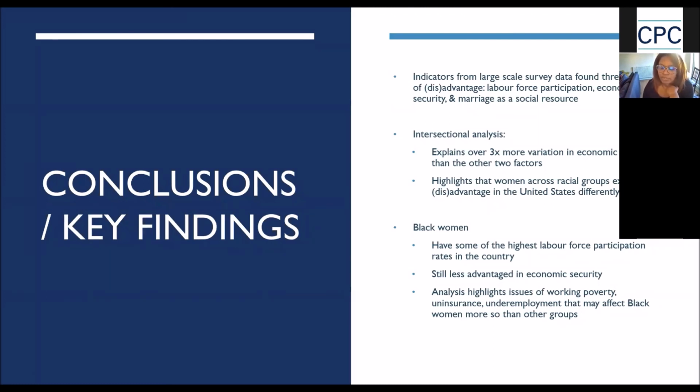I've explored the intersection between race and sex, but other intersections could prove useful in explaining more of the variation, such as that between sex and age, particularly in the marriage as a social resource factor.